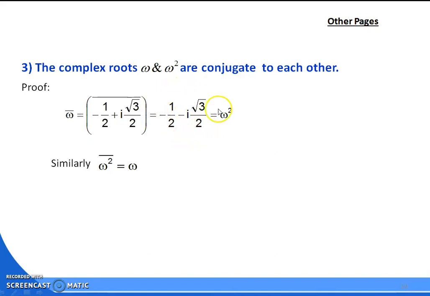So this is equal to omega square, and you know omega square is minus 1 minus root 3 I whole divided by 2. So omega conjugate is equal to omega square. Similarly, omega square conjugate equals omega. So we can conclude that both roots are conjugate to each other. Clear? This is the third property.